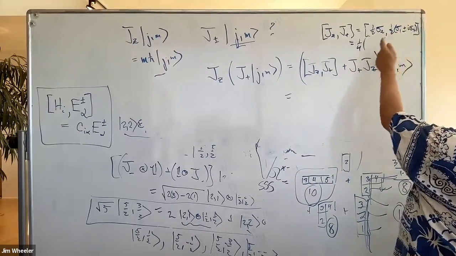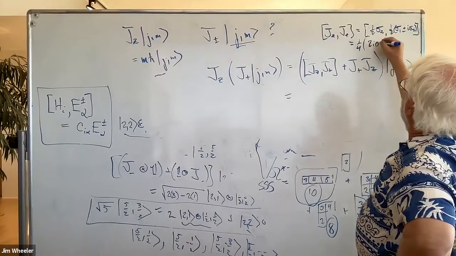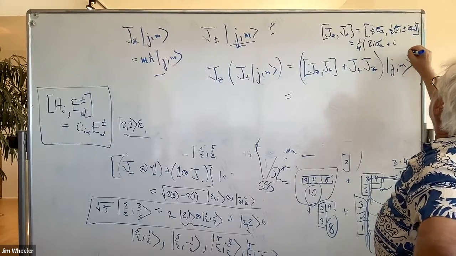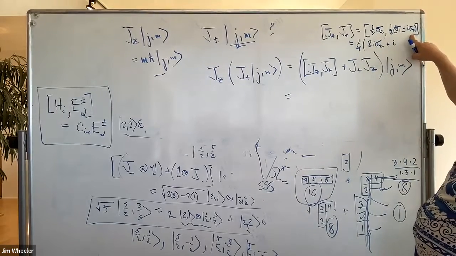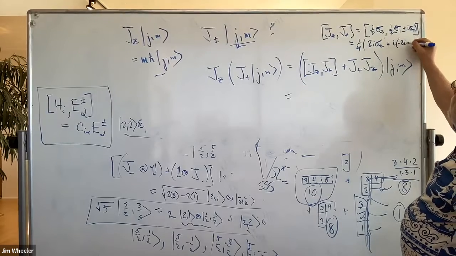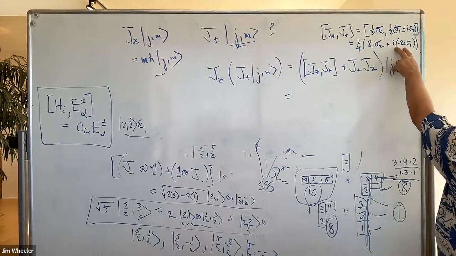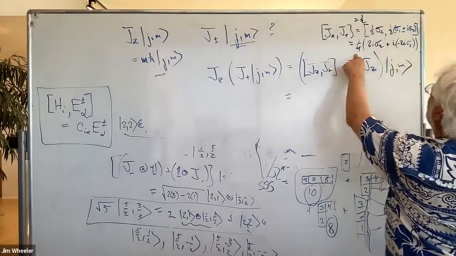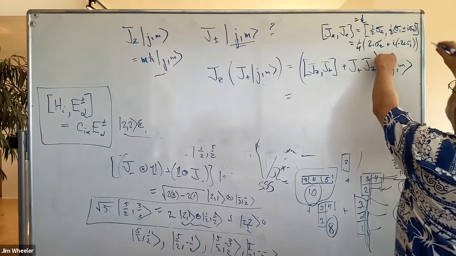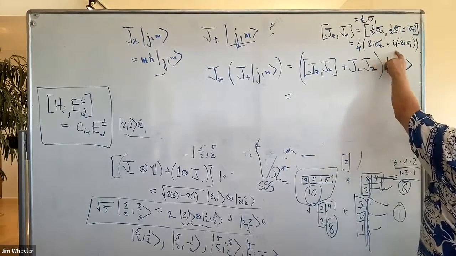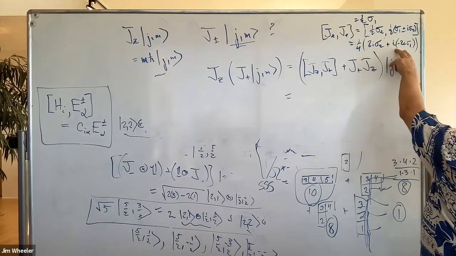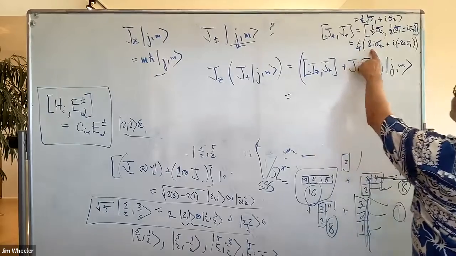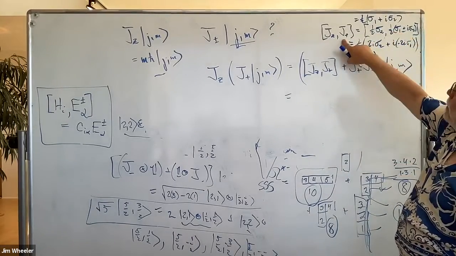Sigma Z with sigma 1 is 2i sigma 2. Then plus i times sigma Z with sigma 2 is minus 2i sigma 1. So the i is going to go away here. We're going to get a 2, so we get back to a half times sigma 1. And we didn't do anything with that, so we still have plus a half i sigma 2. So it comes back to itself, right?